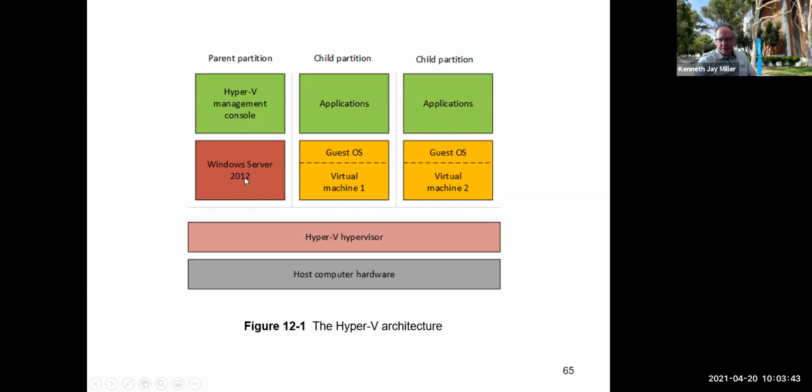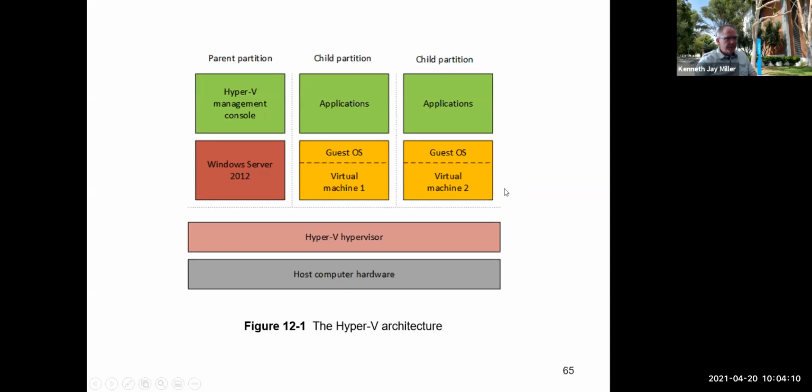In this case, it's Server 2012. It could be our environment, which would be Server 2019. And then within our space, we can create child partitions with applications and guest operating systems within them, right? So this may be our CentOS machine. This could be our Windows 10 machine. Okay, so that's just a good diagram of that.